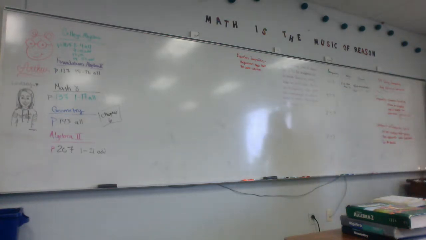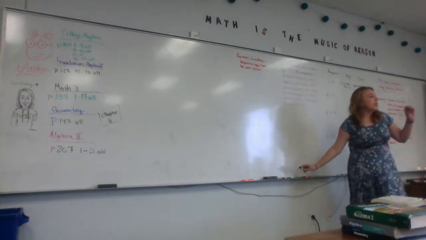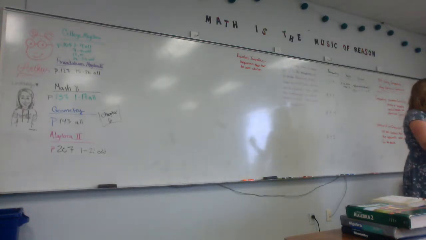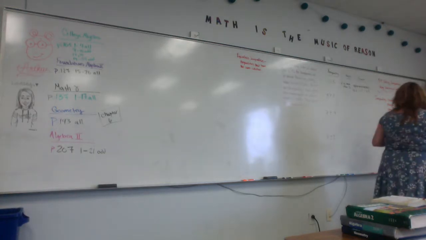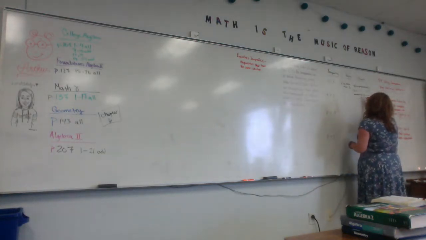I need to show you a second way to graph this. The second way is using brackets or parentheses instead of open and closed dots. You have to know both ways because on state testing they're going to show you both ways and you have to know how to read it both ways. Here's the rule.